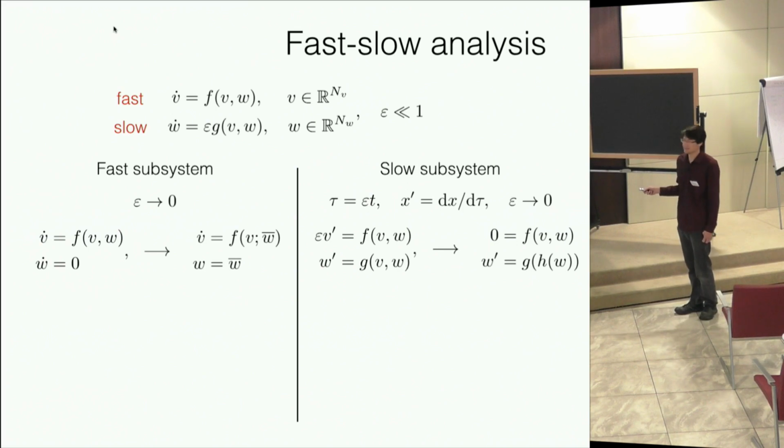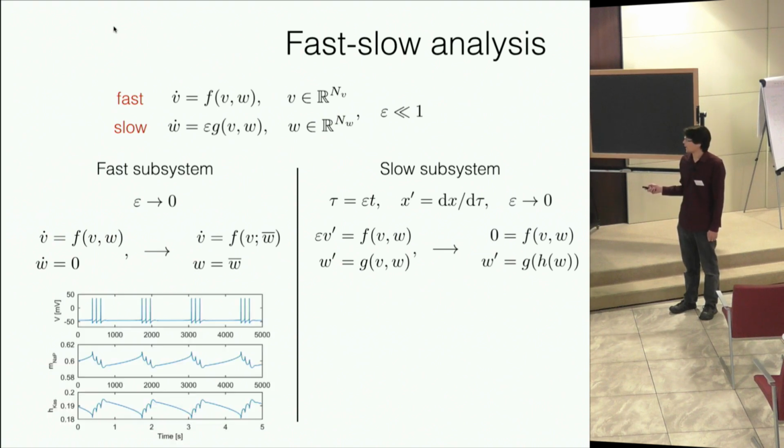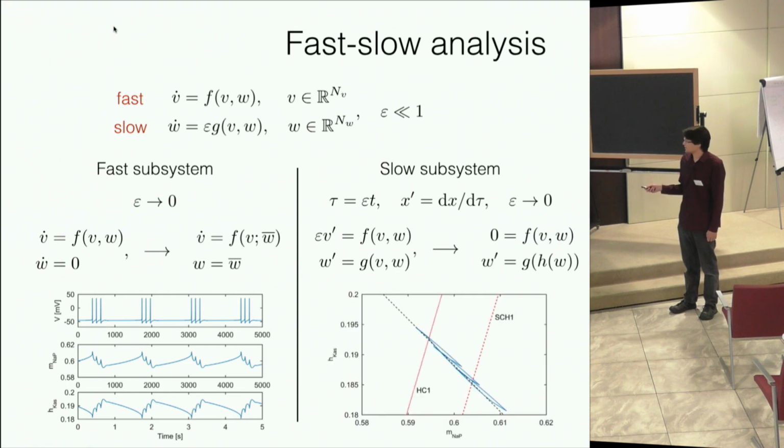You can look at a fast system where you treat the slow variables effectively as parameters, or you can treat the slow subsystem as effectively being restricted onto a space where things like voltage and your currents have to evolve along a certain manifold. And when we did this, we asked, what is a natural selection of our fast system and our slow system?